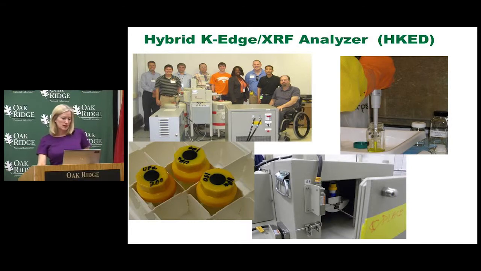So we actually have now a hybrid K-edge analyzer at Oak Ridge, so I'll give you a little bit more detail. This is what it looks like in this picture, the top left. And we have made calibration standards at Oak Ridge, and here is one of our chemists taking some uranium from a nitrate solution and measuring it to put into one of the hybrid K-edge vials.